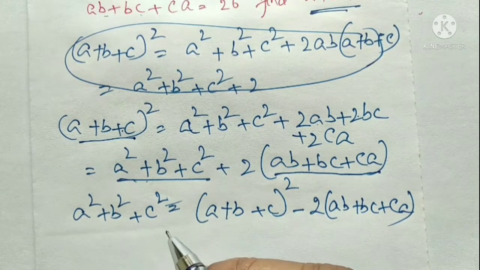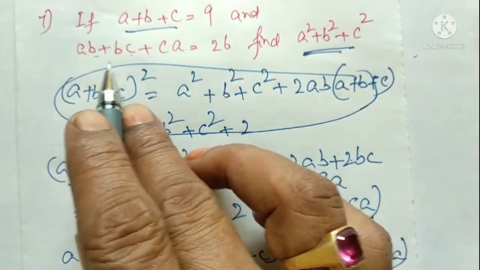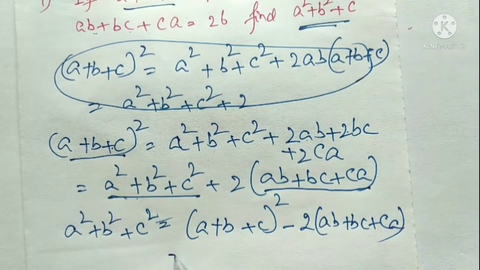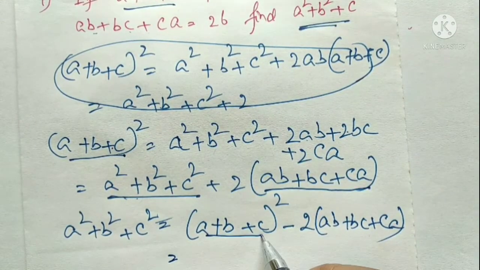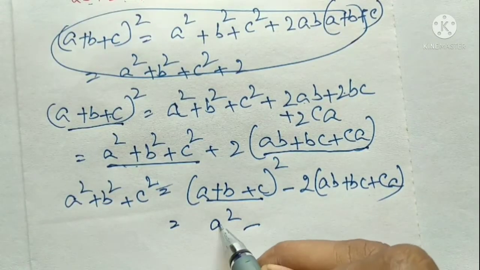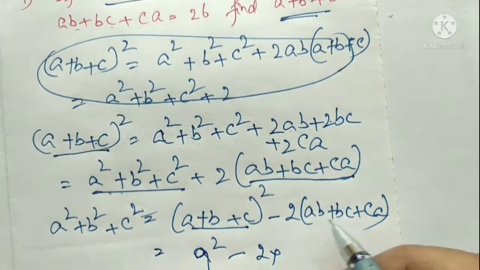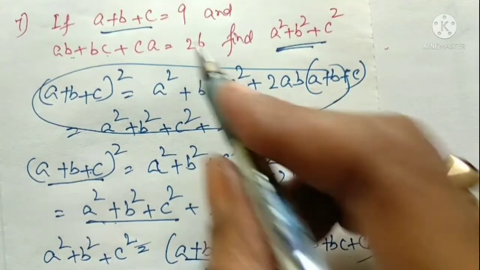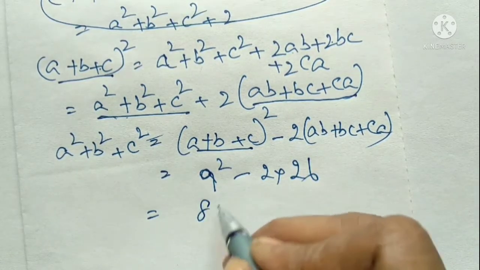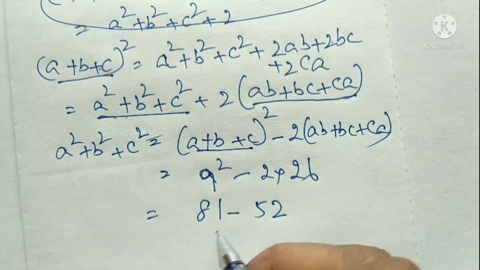Okay. Then substituting the value of a plus b plus c is equal to 9 and ab plus bc plus ca is equal to 26 here, its value will be 9 square minus 2 into 26. Then 9 nines are 81 minus 2 into 26 which is 52.